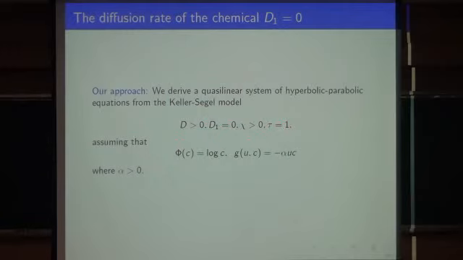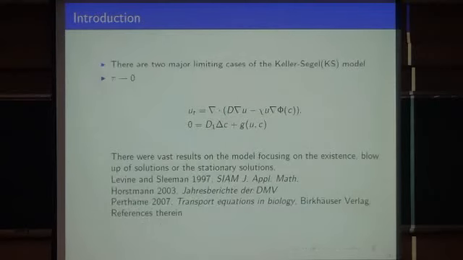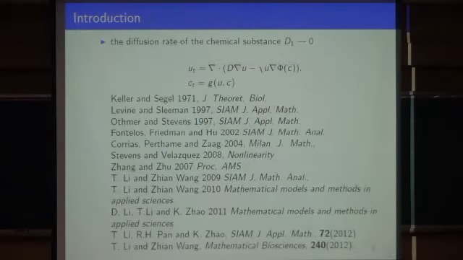The chemotaxis potential is log, and G is minus alpha UC. So this means the chemical is decreasing while this happens. This is negative.